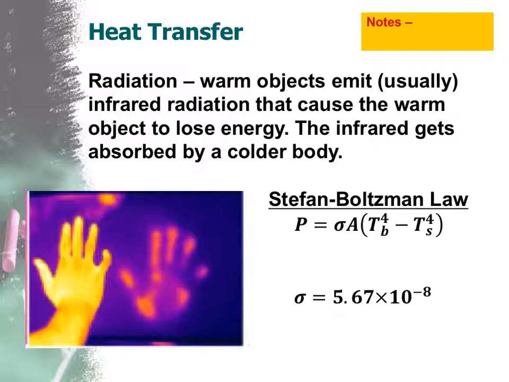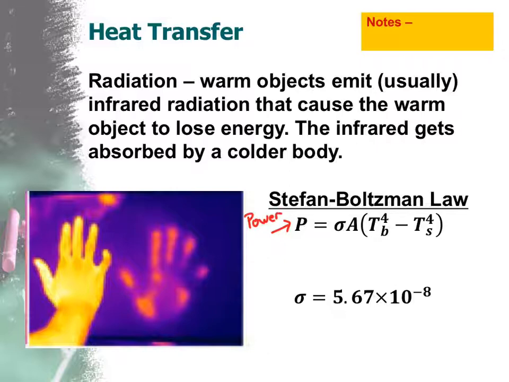Now, you could actually calculate the amount of energy that a body loses every second, and that's given by this constant P. This is power. And power is energy per second.